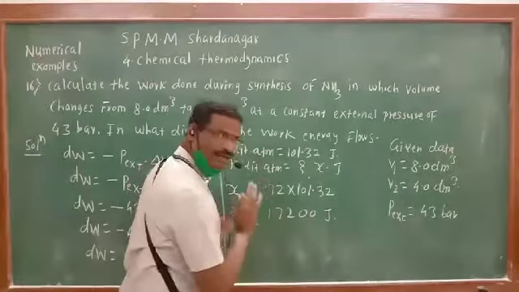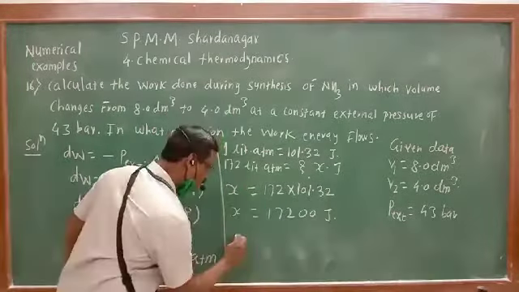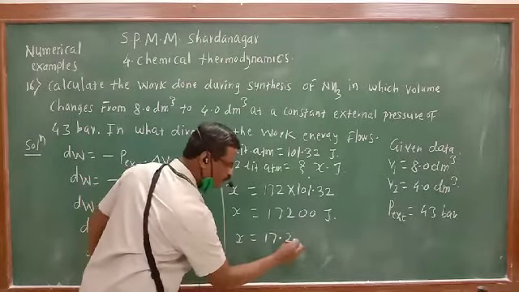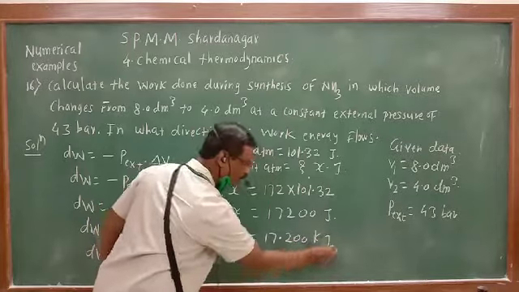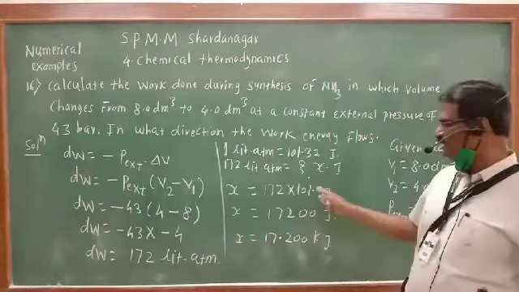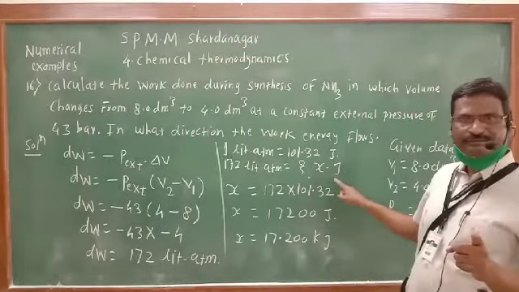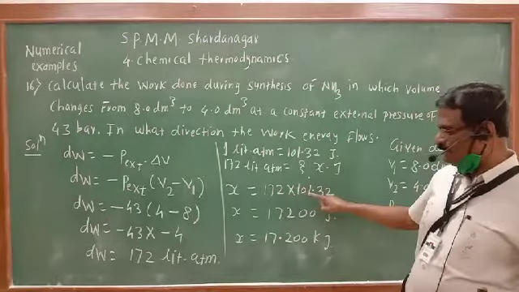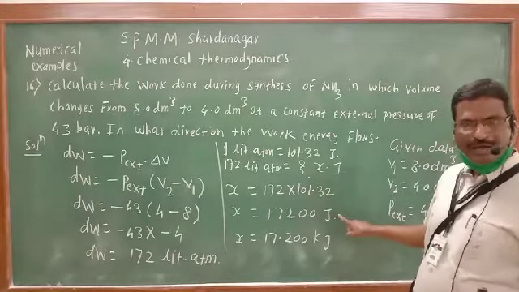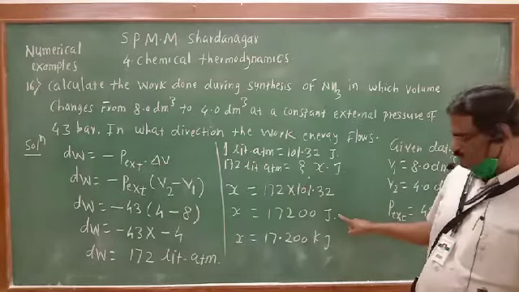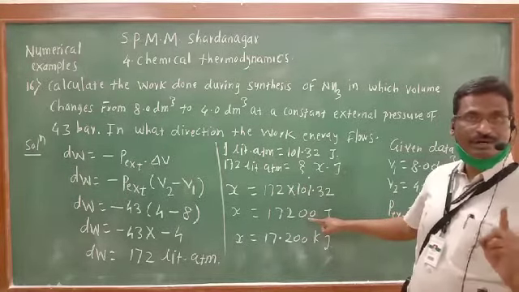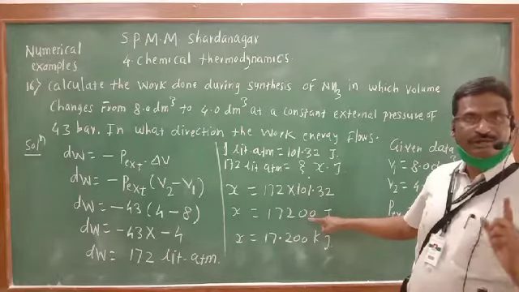This is divided by 1000, therefore x will be equal to 17.200 kilojoule. See here, I have performed a simple calculation. If we consider 172 multiplied by 100, it is 17200 joule, and as the answer is given in kilojoule, we have to divide by 1000, because 1 kilojoule is equal to 1000 joules.